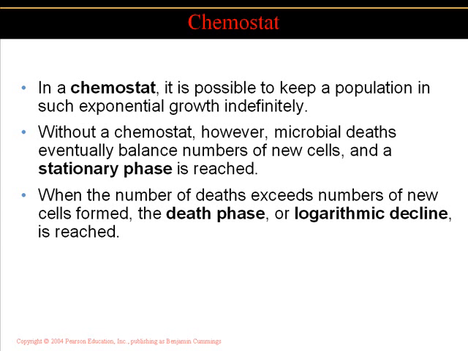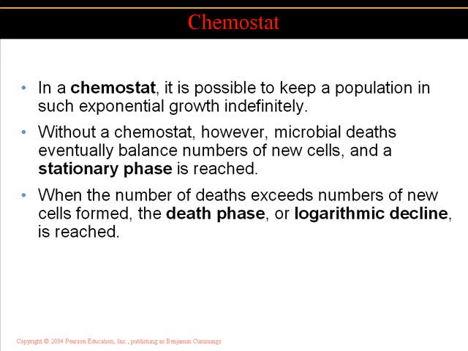When the number of deaths exceeds the number of new cells formed, that's referred to as the death phase, and a logarithmic decline is reached when significant amounts of nutrients have been used up. Also, one thing to consider: certain bacteria produce byproducts, or waste products, and in an isolated medium, if too many waste products are produced, the other cells or the cell itself can't survive if it's locked into that.